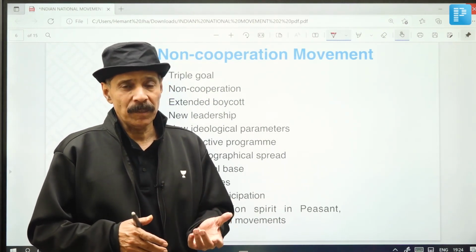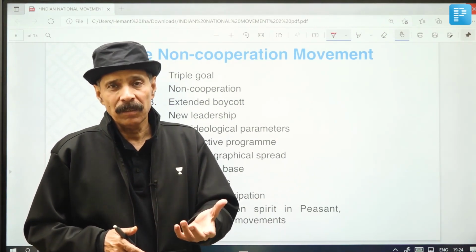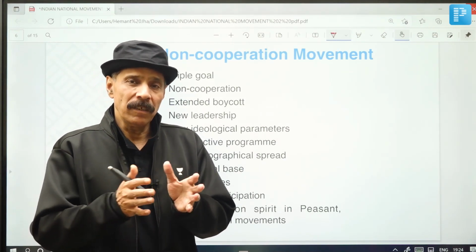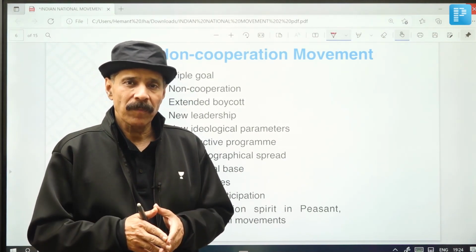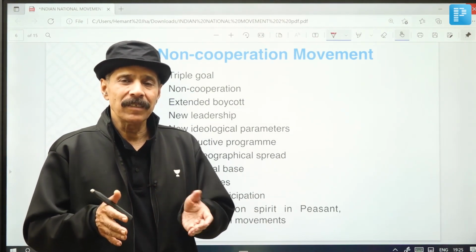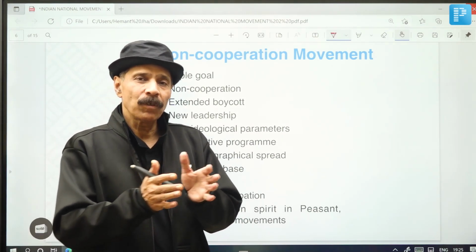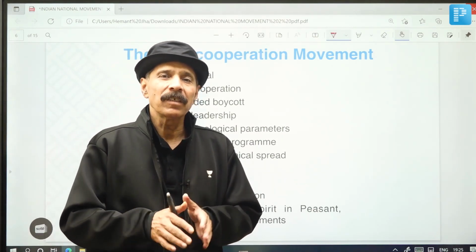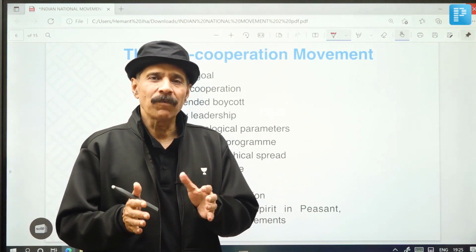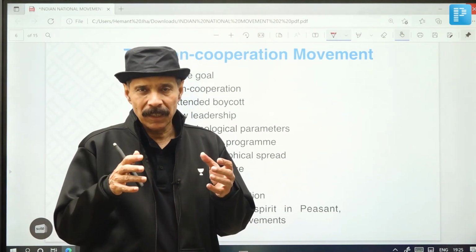After the launch of non-cooperation from the platform of the Khilafat Committee, and that too under the leadership of Gandhi, this movement is in general known as non-cooperation movement. And the non-cooperation launched from the Khilafat Committee platform is in general known as Khilafat movement. So we normally call it Khilafat non-cooperation movement because this was a twin movement.